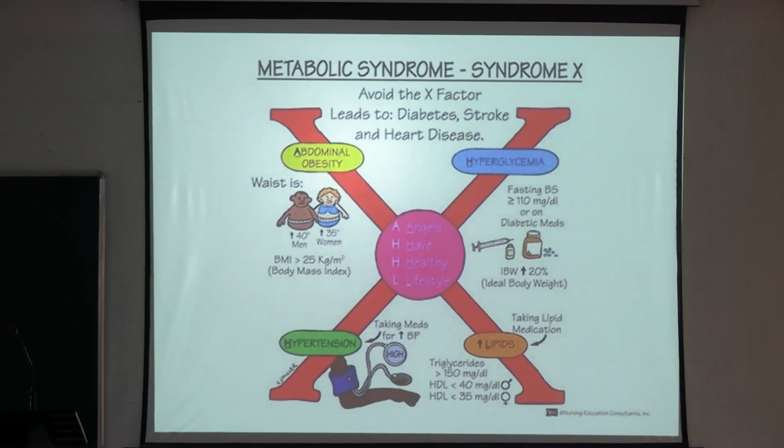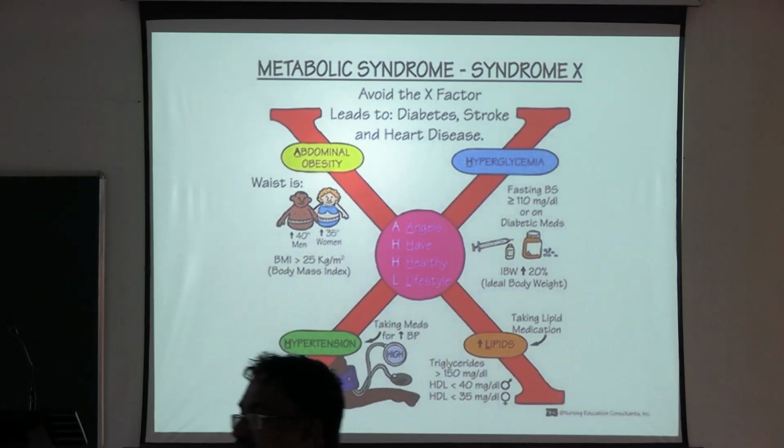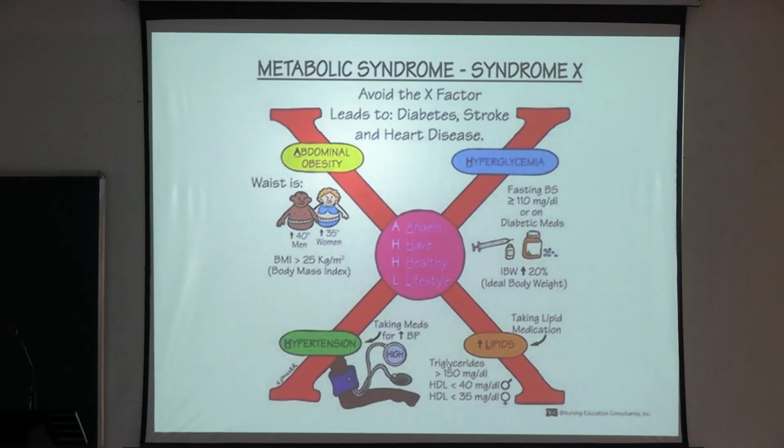So all these can contribute to what is called metabolic X syndrome, which can result in deaths below the age of 50, 60 and all. You find a number of younger age group people suffering from this so-called metabolic X syndrome.